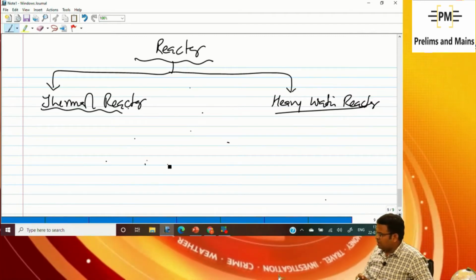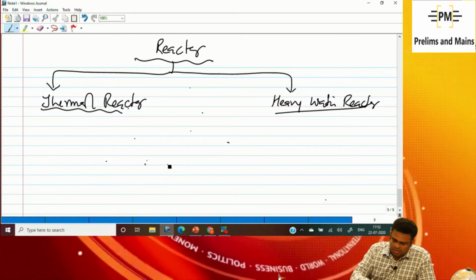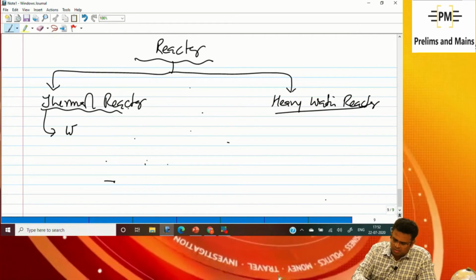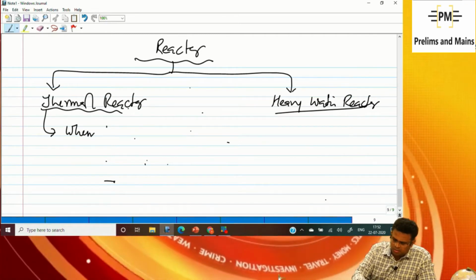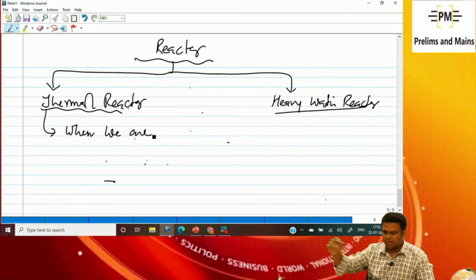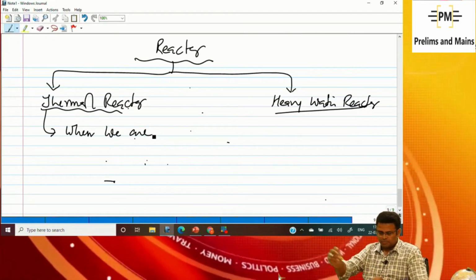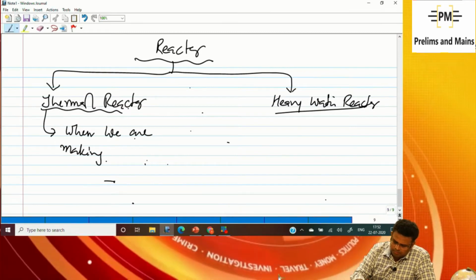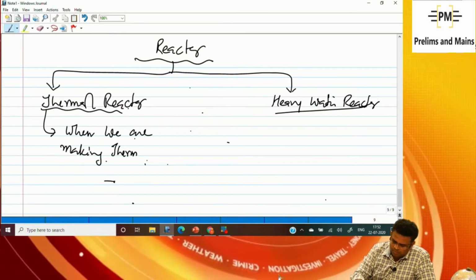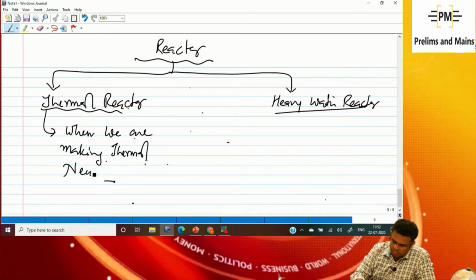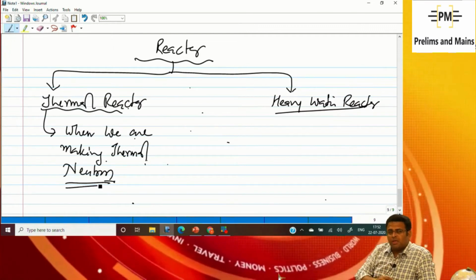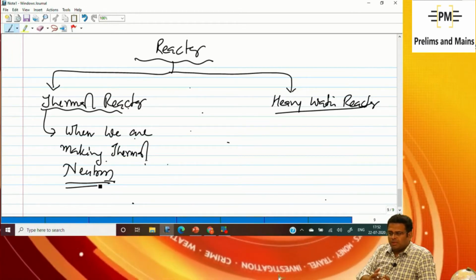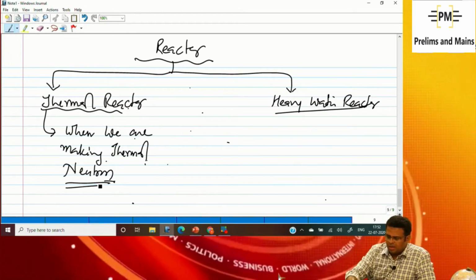So, my next point: a thermal reactor means a reactor where we are making thermal neutrons.